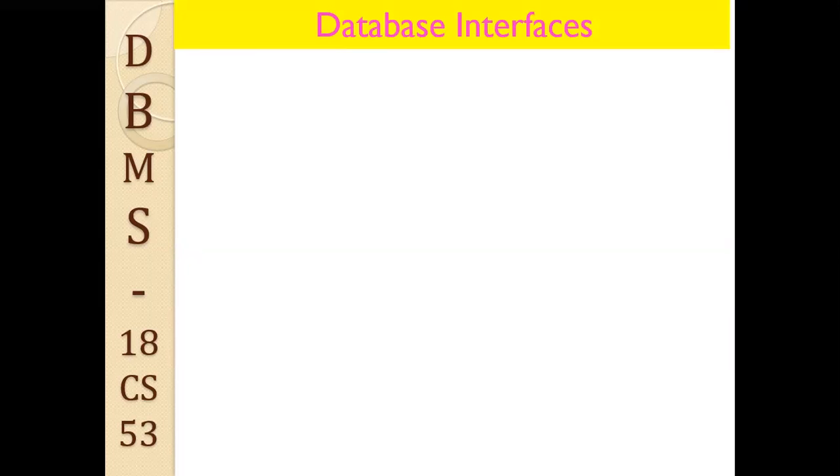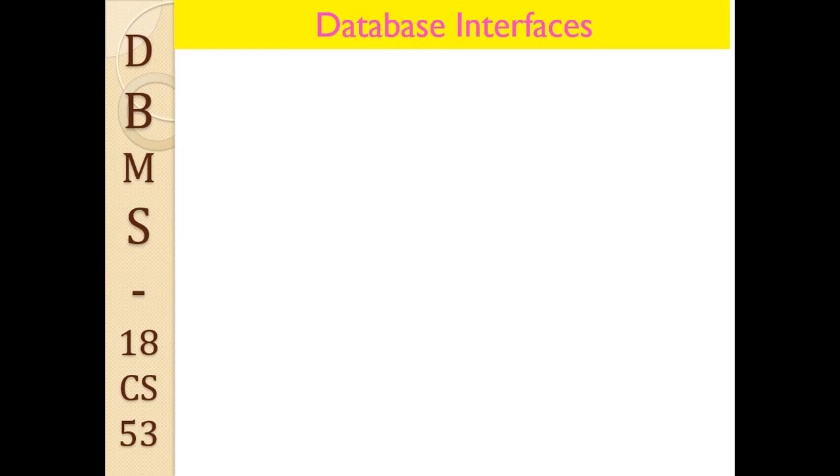So, whenever a database is created with the help of different data models, as we have discussed in the previous session, we understood that the purpose of a data model is data abstraction.